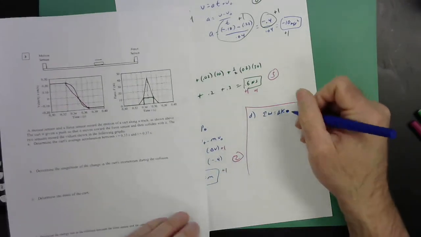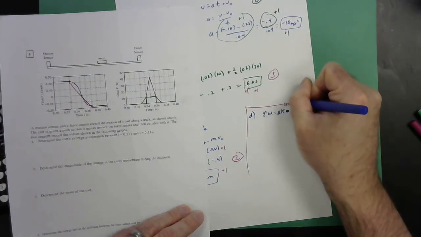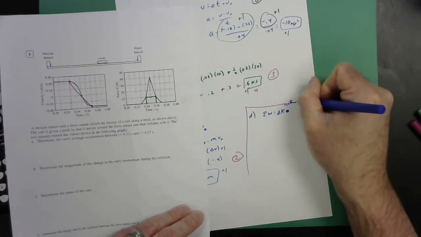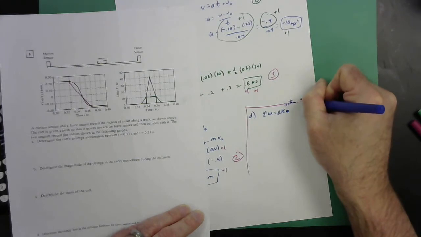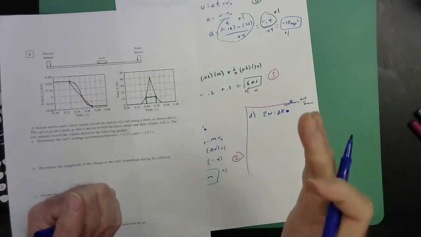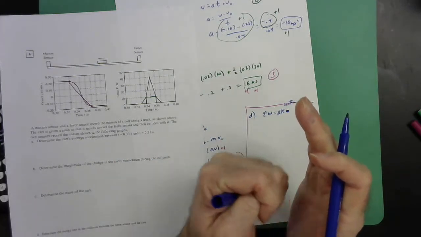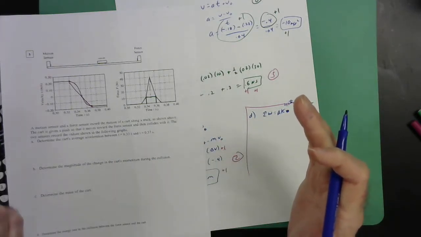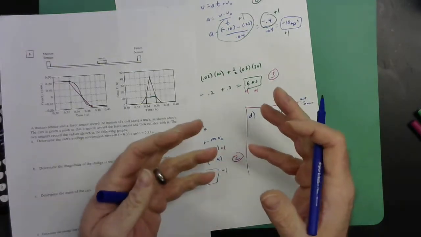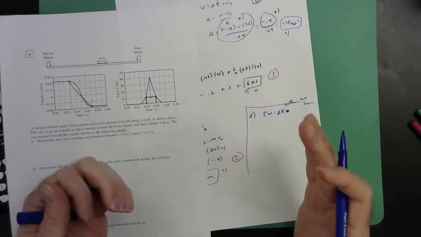The cart comes in, hits, bounces back. Sensor stays put. So there's kinetic energy in the cart at the start, kinetic energy in the cart afterwards. Those kinetic energies won't balance out because some of the energy went into wiggles and jiggles and vibrations from that collision with the sensor.